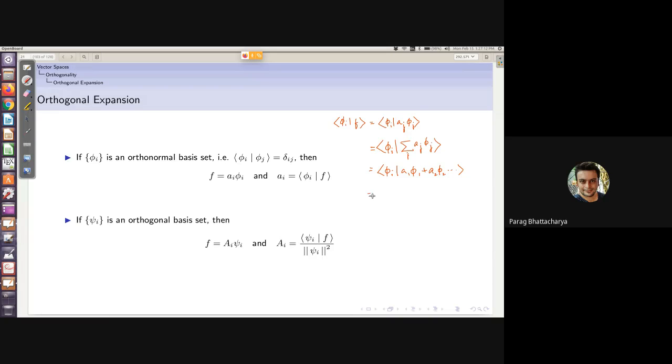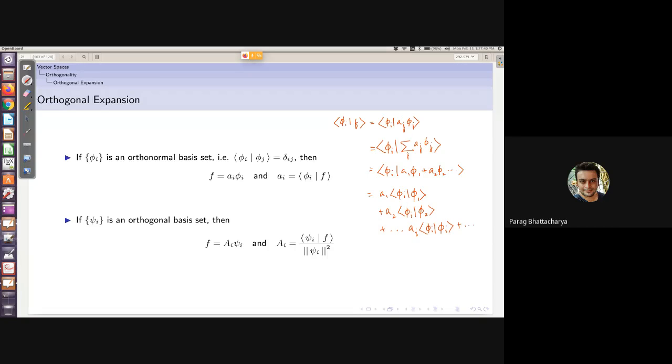So what will happen is we will have a_1 phi i phi 1, plus, let's say, a_2 phi i phi 2, and so on. And eventually we'll have a_i phi i phi i, and so on.